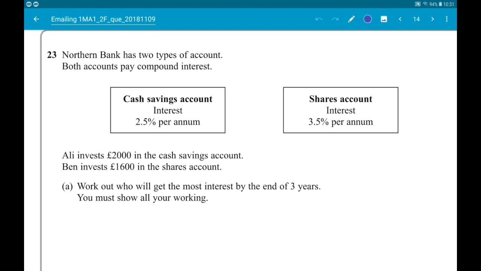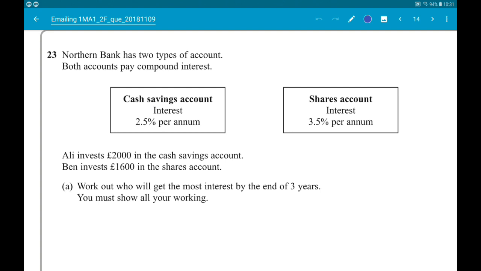Ali invests £2,000 in the cash savings account. Ben invests £1,600 in the shares account. Part A wants us to work out who will get the most interest by the end of 3 years. You must show all of your working, of course.